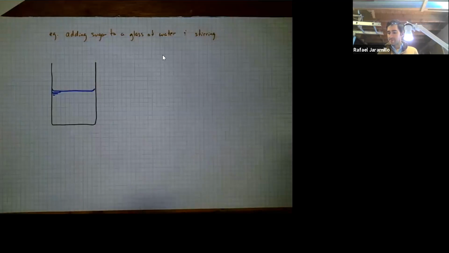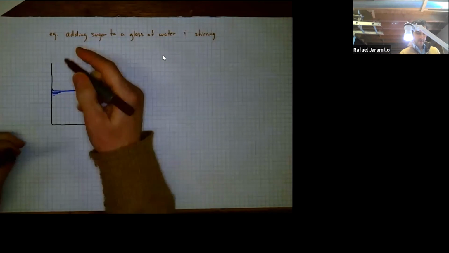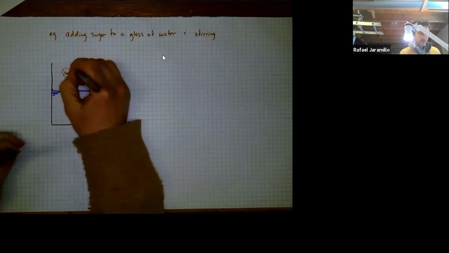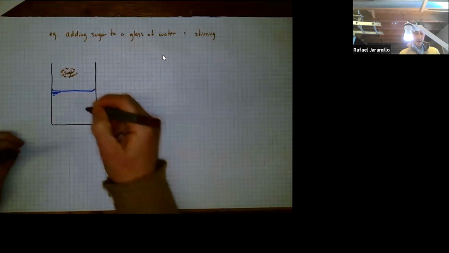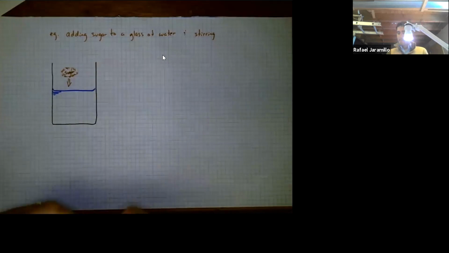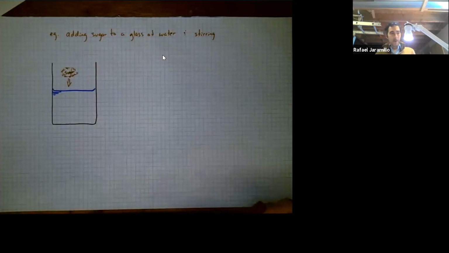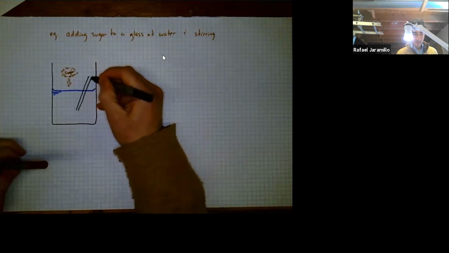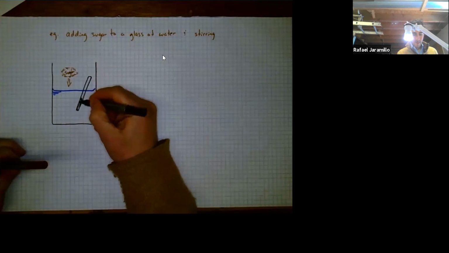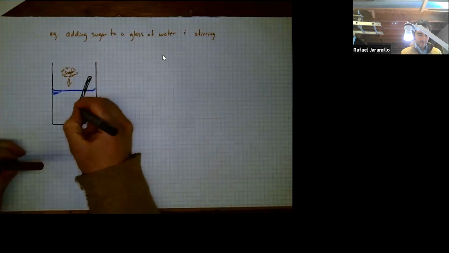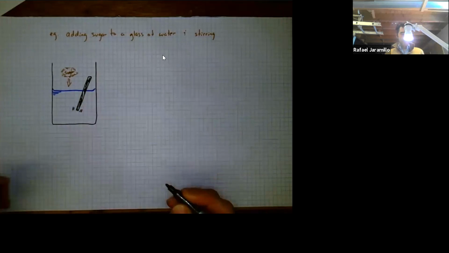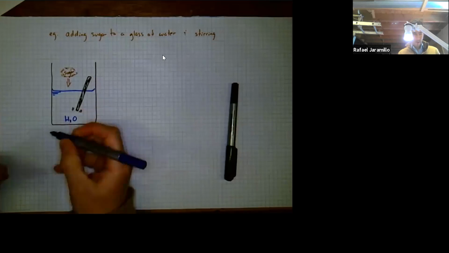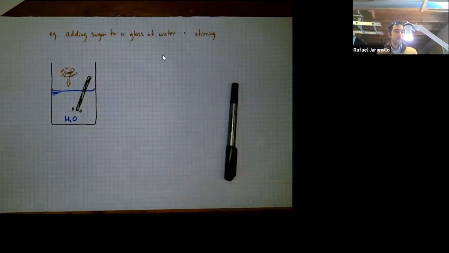Good. And here's sugar. There's sugar, and the sugar gets added. And I'm going to have a stir bar. I have to stir, so I have a stir bar, a little swizzle stick or something, and stirring that around so it's moving. This is water. All right.